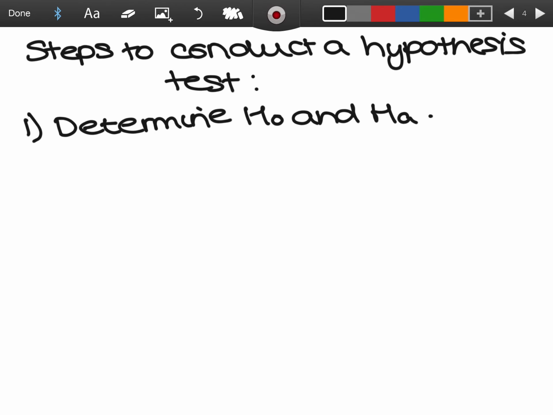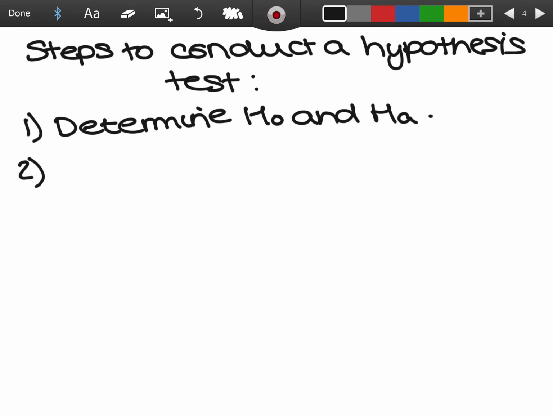So you're just going to write down what your null hypothesis is and what your alternative hypothesis is. And it will always be in terms of a mean or a proportion for what we are doing right now. Everything's going to be in terms of means and proportions. So that's the first step, and that's what your homework is going to focus on as well for 11.1.